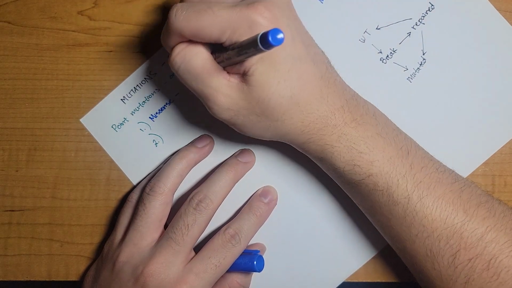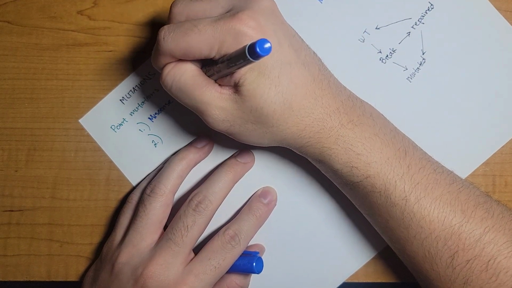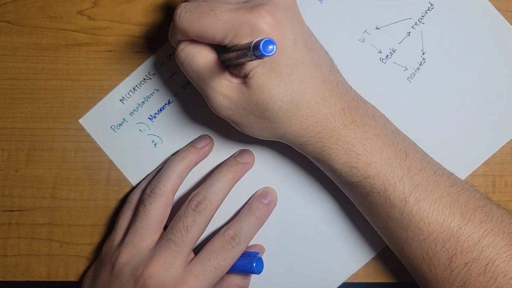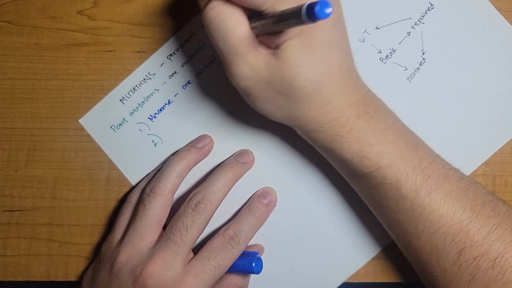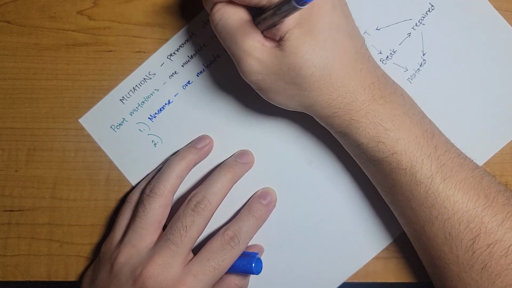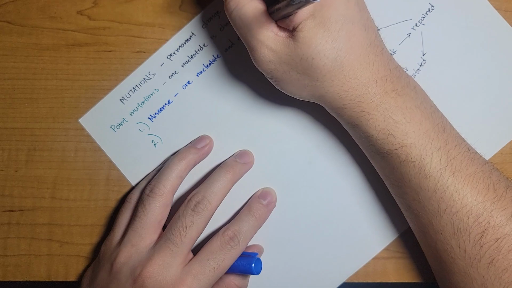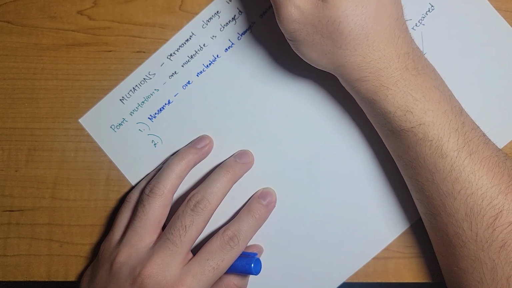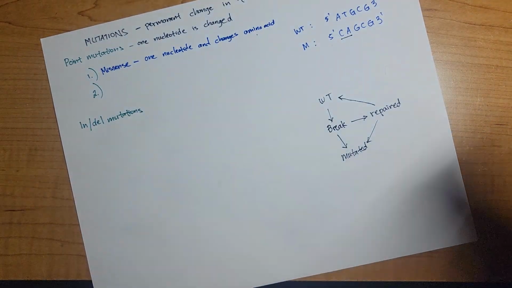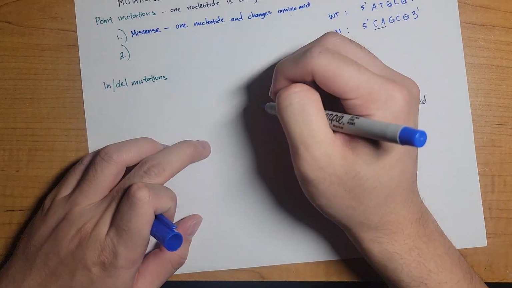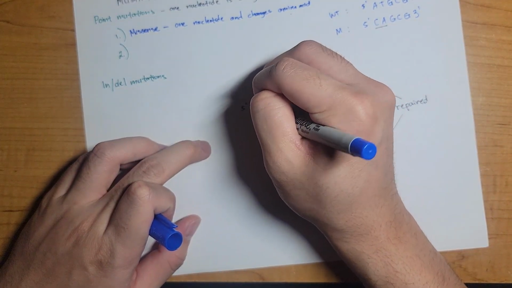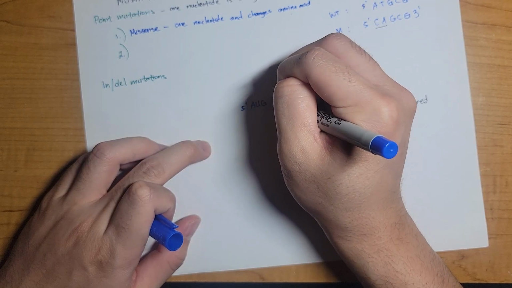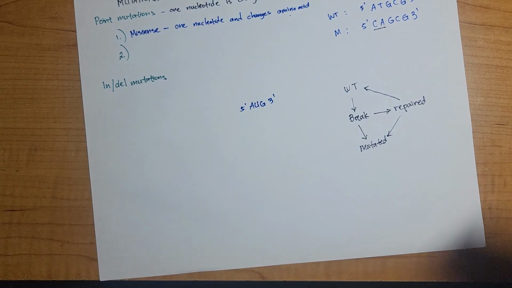So one nucleotide change and changes amino acid. You can think of it this way. Let's say we have 5' AUG. We know that AUG is the code for methionine.